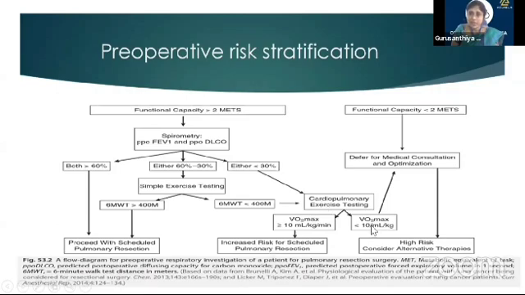If it is less than 10 ml, you defer the patient for surgery and treat them with medical optimization. If the spirometry is showing a decreased postoperative FEV1, then again you go for cardiopulmonary exercise testing. Depending upon the VO2 max, you either defer them or accept them under high risk.